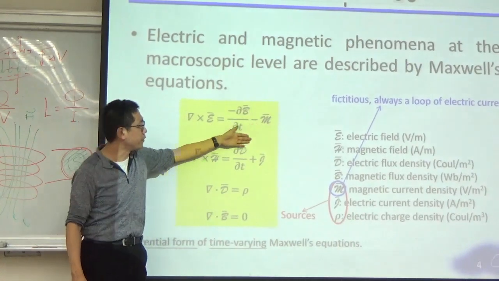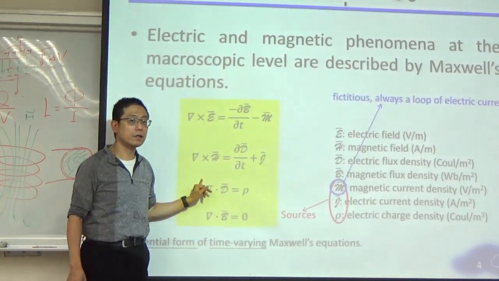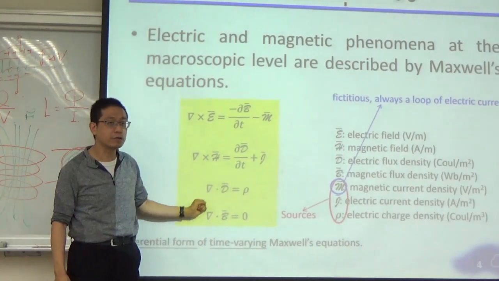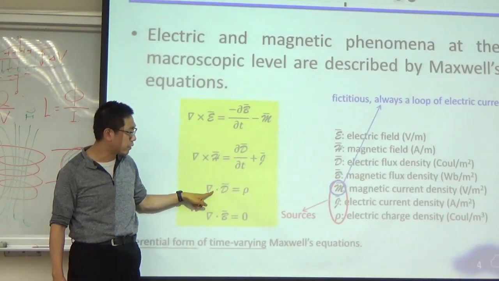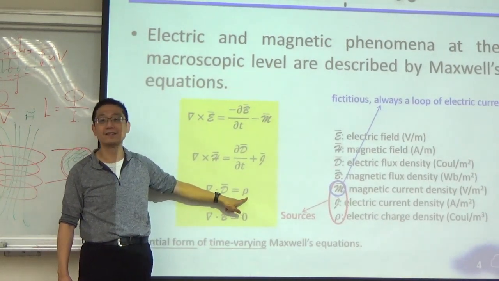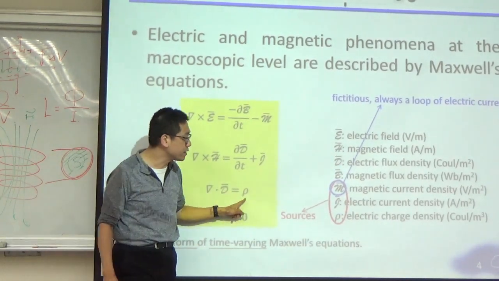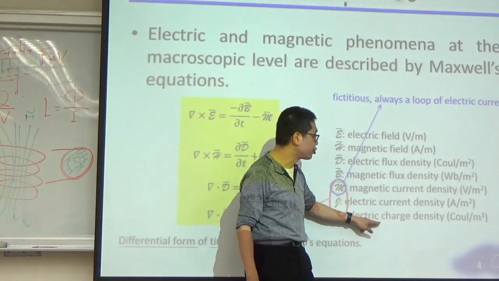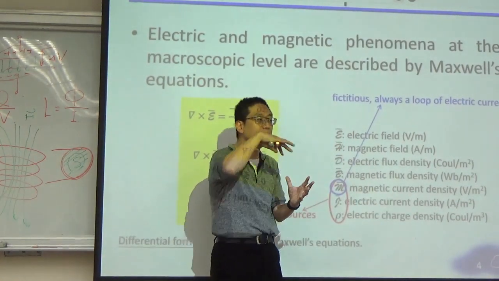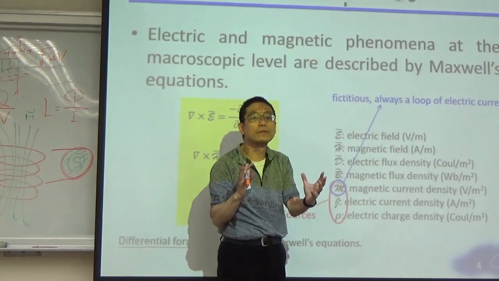So now we finish these two equations. I introduced those notations. And then there are two more. Those are easy. You take the divergence of your D, which will equal a scalar, the electric charge density. How many charges in the volume?